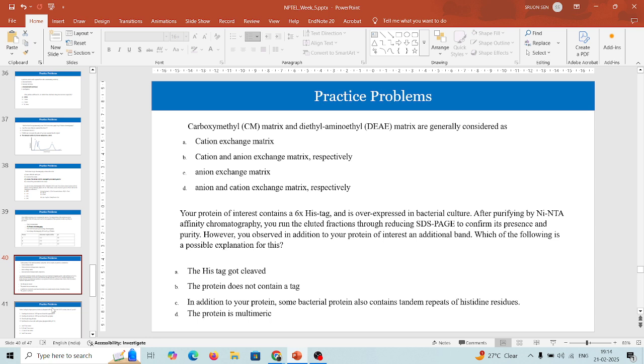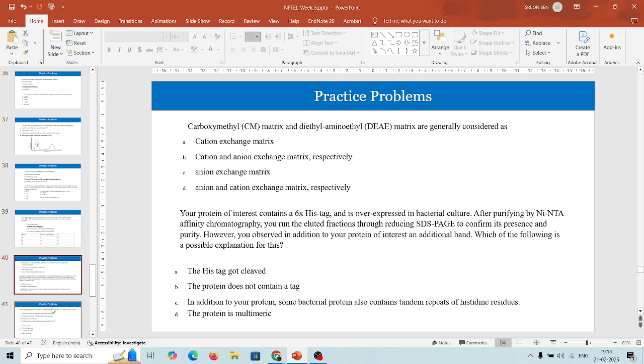You want to separate out the positively charged ions from that one, and the DEAE matrix is positively charged. You have to separate out the negatively charged amino acids from there. So now which one is the correct one, cation or anion?